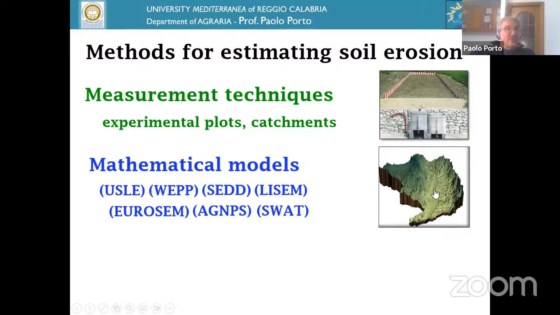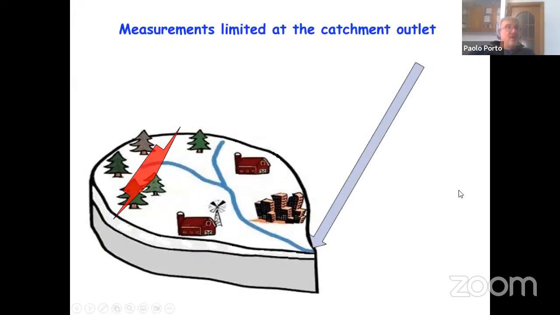But another important problem related to the use of mathematical models is that even if you have data for your calibration, let's assume that we want to apply this model to a catchment like this that you can see in this slide.